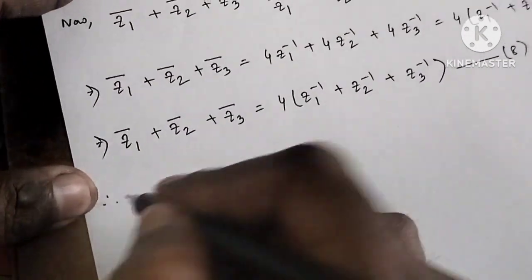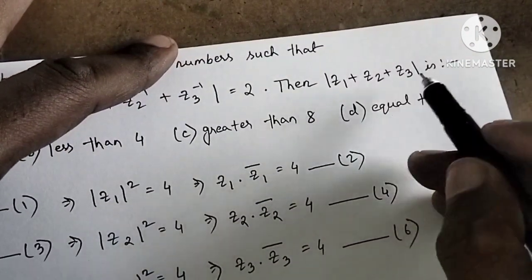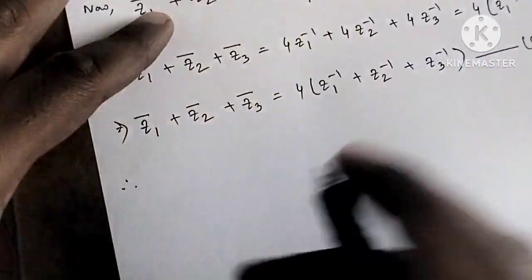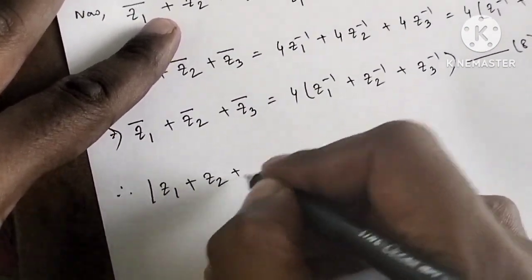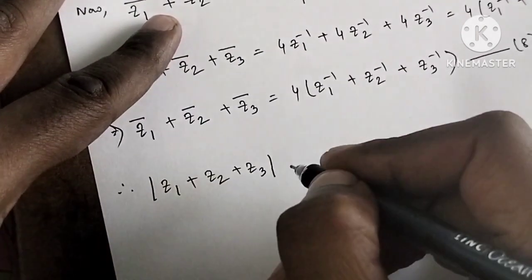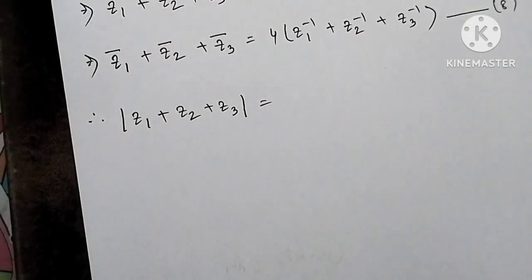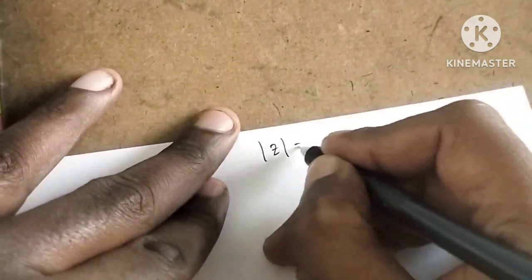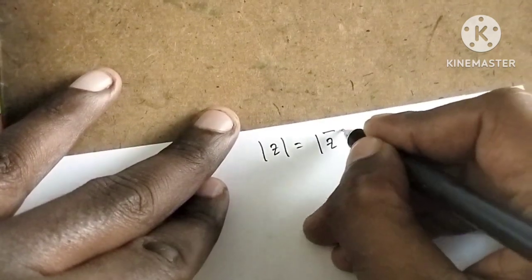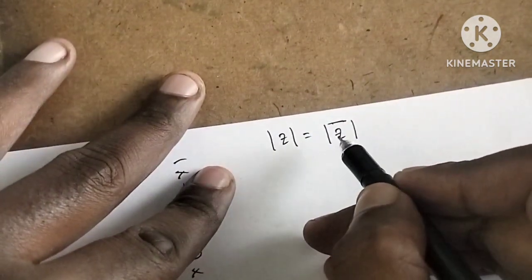Now we have to find the value of mod of z1 plus z2 plus z3. There is a formula we know: mod of z and mod of z conjugate are the same.